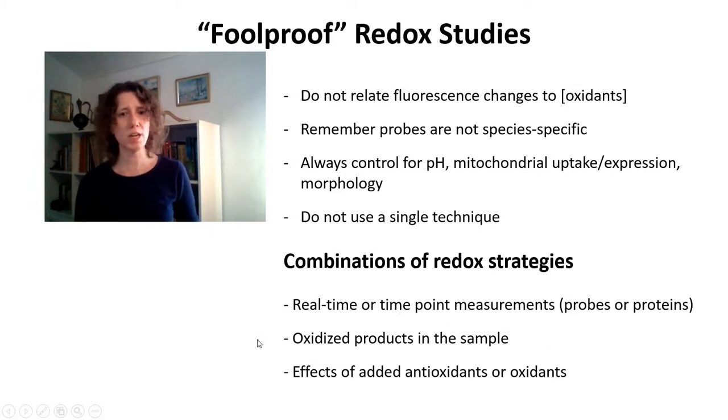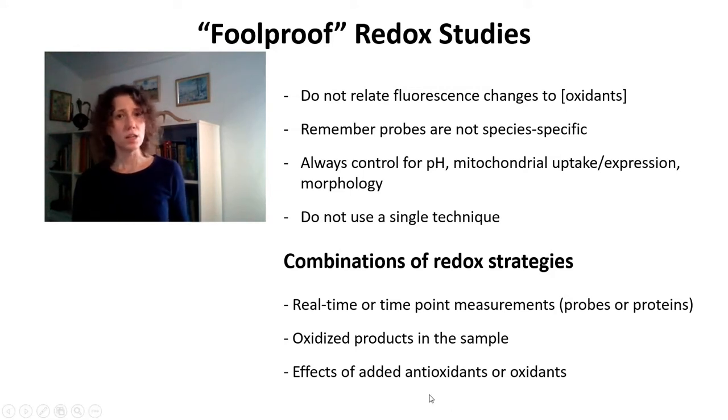The second combination that I really recommend is to measure some kind of oxidation product in your sample. So measure oxidation of proteins, of lipids, of DNA, a modification of a protein that you expect to see within your sample with the production of the oxidant that you expect your sample to be producing. This is a second measurement of the presence of this oxidant and really is going to make the reality of this oxidant more trustworthy.